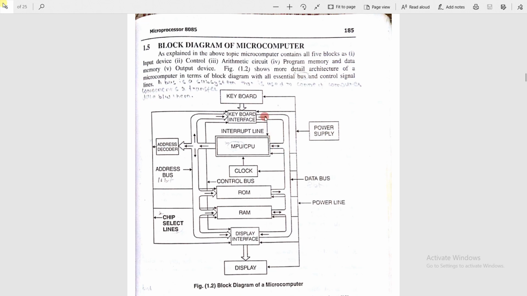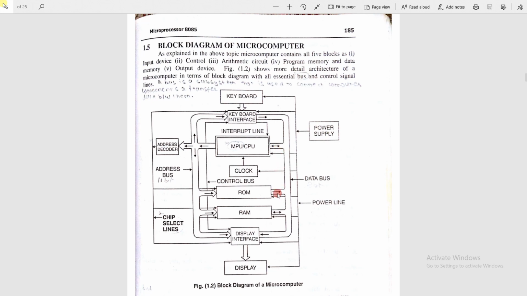This keyboard interface, if you check, is connected to the data bus. This is the data bus. Data bus is used to carry data. It is bidirectional. Can you see these two arrows? This shows that it is bidirectional.